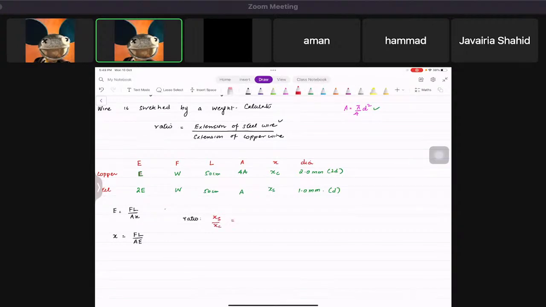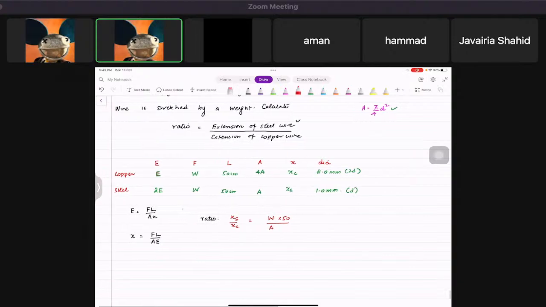So extension of steel can be written as: force on steel was W, the length on steel was 50, area of steel was A. So I'm just writing the steel things here, and the Young's modulus of steel was 2E, and what is divided?